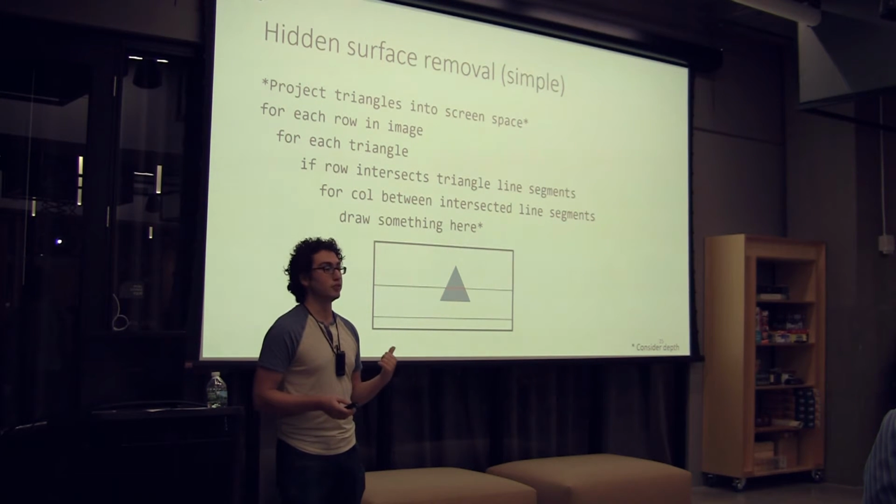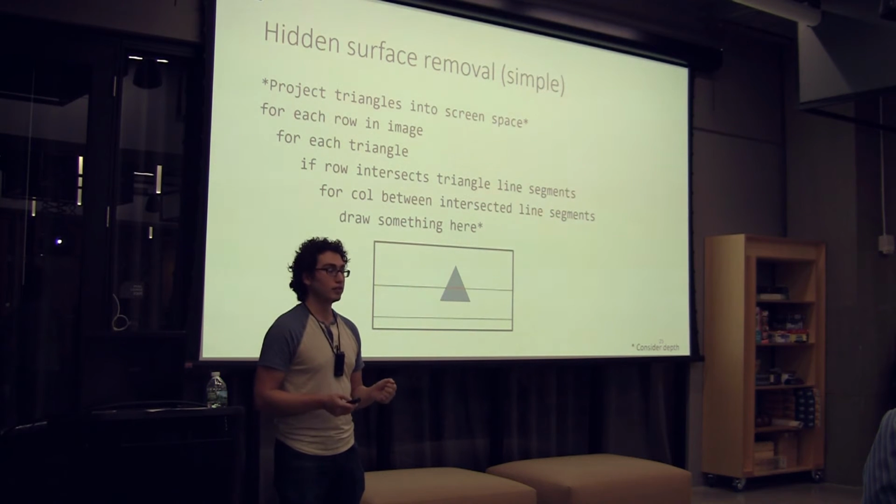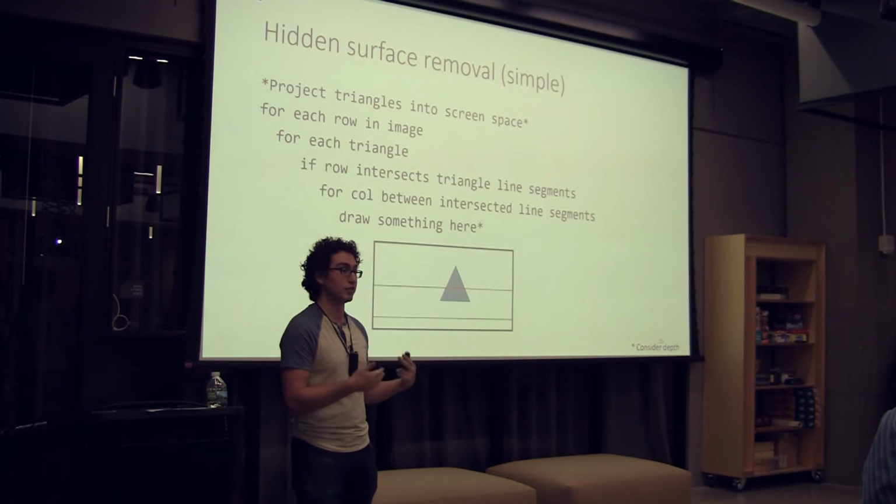The first thing you do is you take all of our triangles in our 3D space, and we're going to transform them so that they're in what we call screen space. What I mean by this is that their XY coordinates are in the same coordinate space as our pixels in our image.